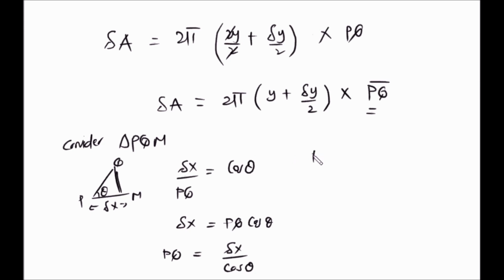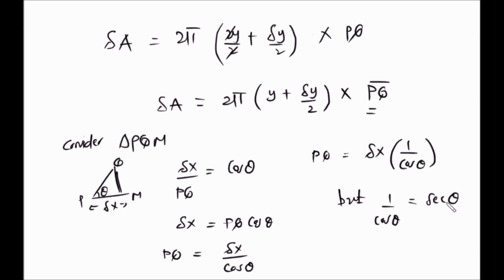Kwa hiyo PQ ni sawa na delta x times 1 over cos theta, lakini 1 over cos theta ni sec theta. Kwa hiyo PQ ni sawa na delta x times sec theta. Hii ndiyo slant height, urefu wa PQ. So hapa kwenye PQ nitaweka delta x sec theta.